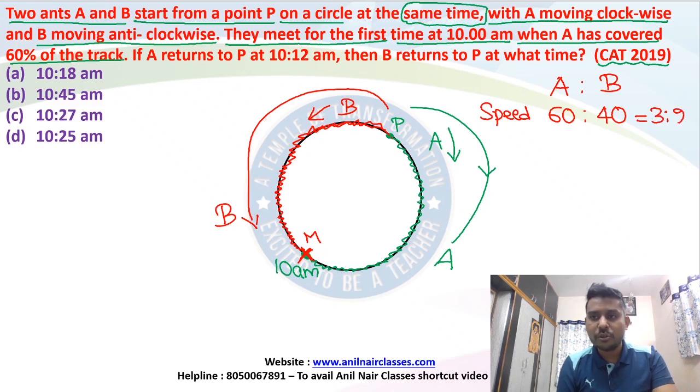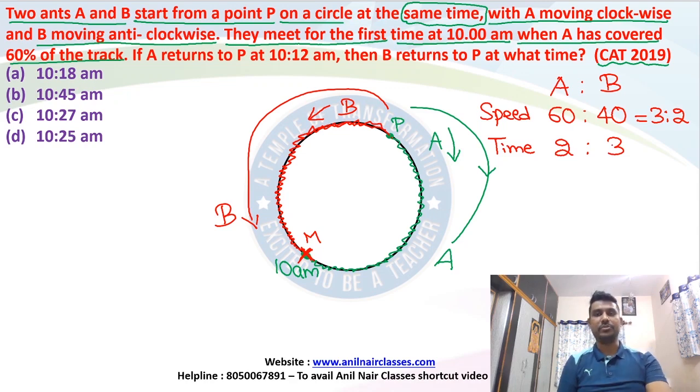And we also know that the distance between one point to another point in the entire circle is constant, or the circle circumference is constant. Because the circle's circumference is constant, speed ratio and time ratio are inverse to each other. If the speed ratio is 3:2, time ratio will be how much?